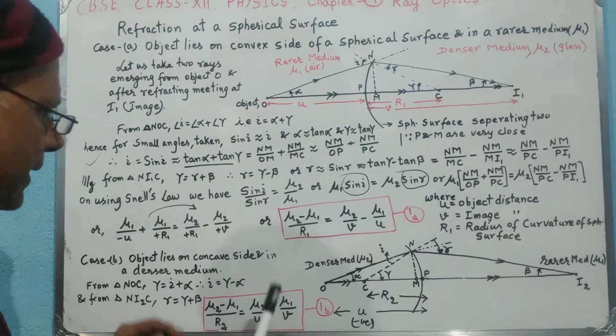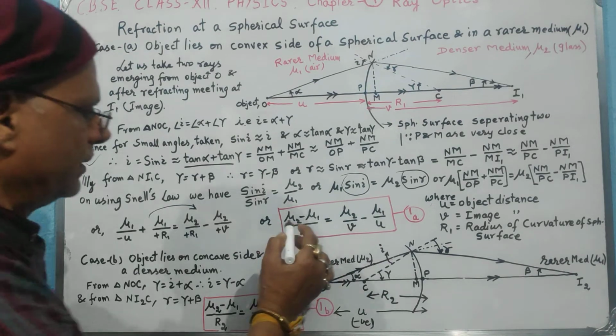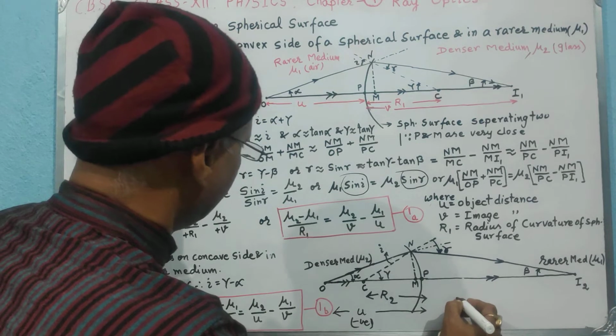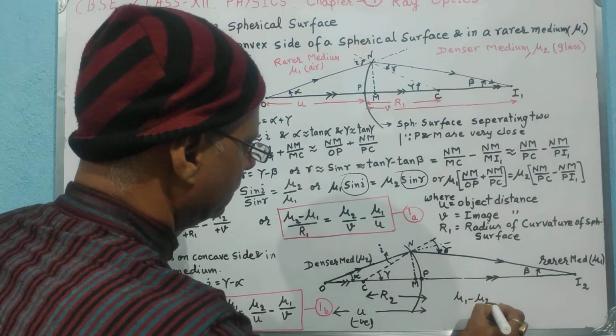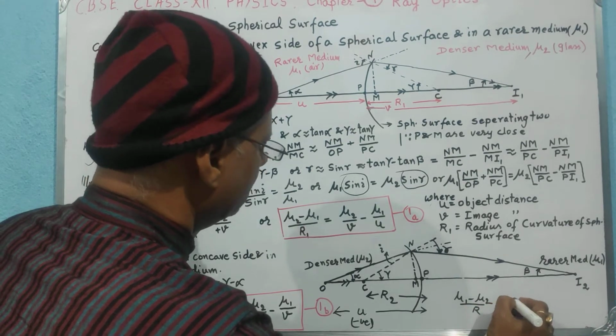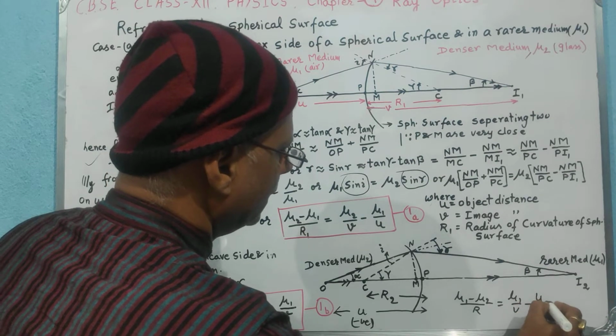If you exchange mu1 and mu2, what you get is mu1 minus mu2 divided by r equal to mu1 by v minus mu2 by u.